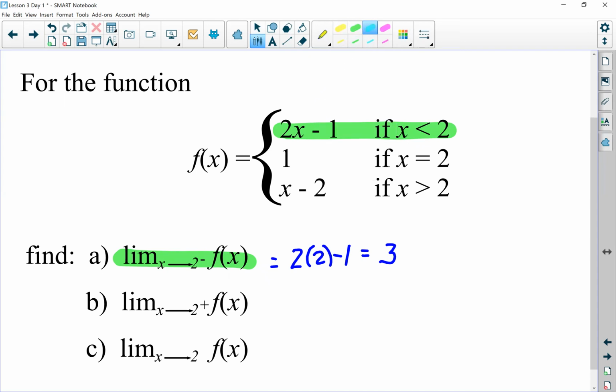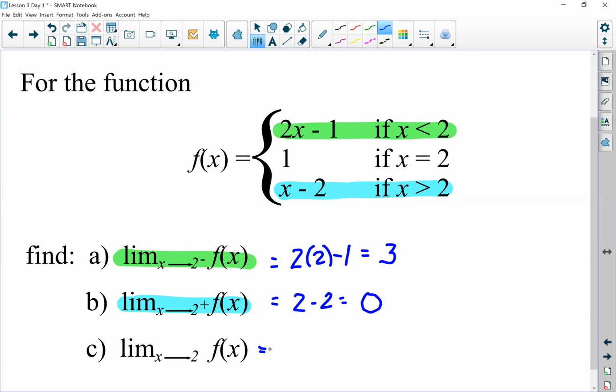For the limit as x approaches 2 from the right, we have to use the definition where we have x greater than 2. So we're at that definition. And that would be 2 minus 2, or 0.